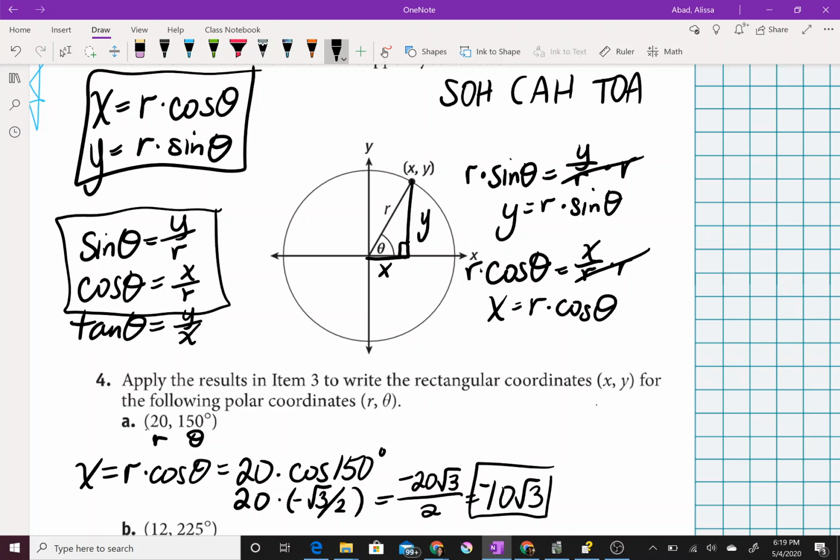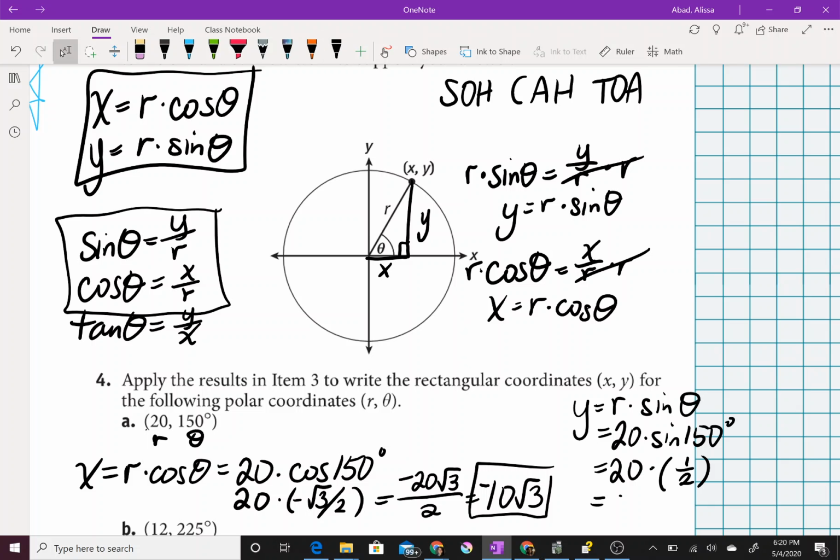For my y-coordinate, I have r times sine of theta, and that's going to be 20 times the sine of 150 degrees. For sine of 150, that's positive 1/2, and that's going to give me 10.